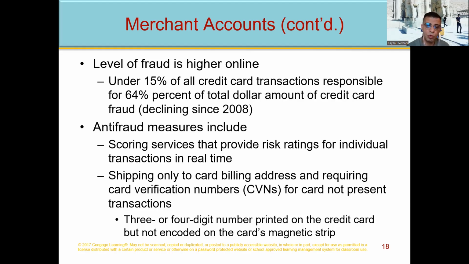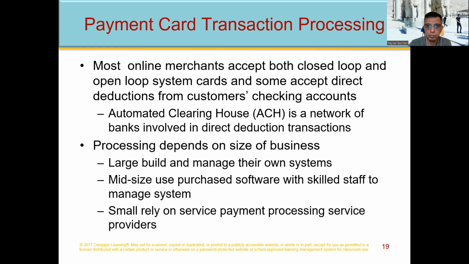Now, there is a 4 or 3-digit number printed on the credit card, behind or in the front, but not encoded in the card's magnetic strip, so nobody can copy it. Payment card processing.